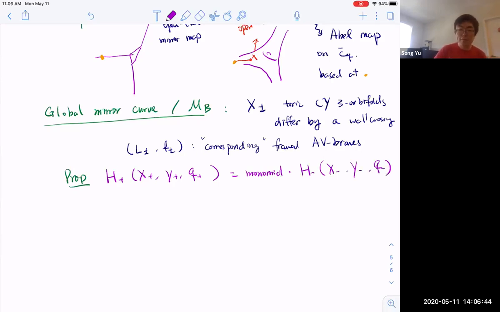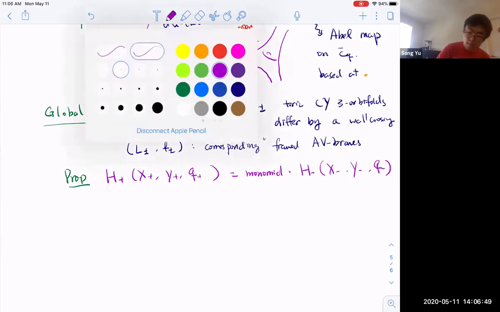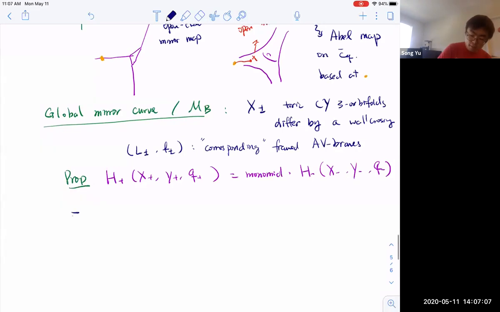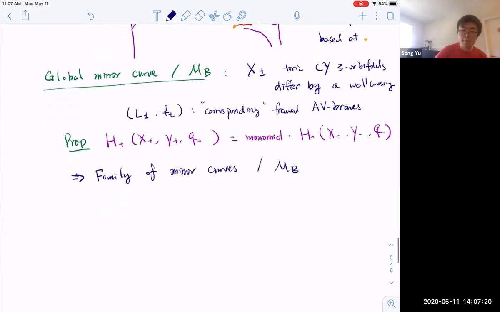Of course, you need to have a relation between the coefficients, but this implies that the mirror curves, generically speaking, for the two phases X plus and X minus will be isomorphic, just because you can identify the defining equation in C star squared. So this implies that we have a family of mirror curves over the B model moduli space MB.